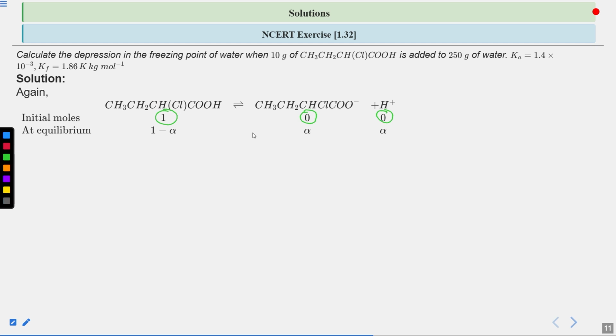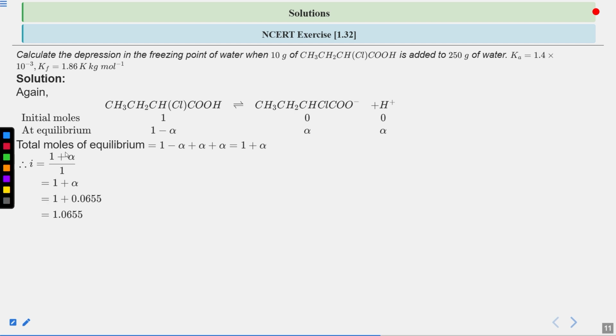Initially it is 1, 0 and 0. After some time it will be 1 minus alpha, this will be alpha and this also will be alpha. What will be the total number of moles? It will be 1 minus alpha, this anion will be alpha and this cation will be alpha. Just add all of this, you will get it as 1 plus alpha.